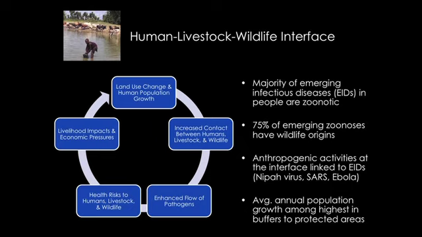This magnification of contact really is responsible for what we're seeing as enhanced flows of pathogens, and that's really at the center of this, a concern with what are called zoonotic diseases, or diseases that jump between animal species. This of course means health risks to humans, to livestock, to wildlife, as these diseases are passed back and forth. And then this puts further pressure on livelihoods, which then tends to reinforce the whole thing, and around we go again, right? Land use change, population growth, etc. So this is that classic vicious cycle that many of us study here at the GUND Institute.